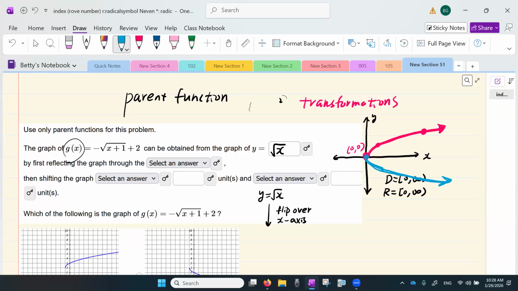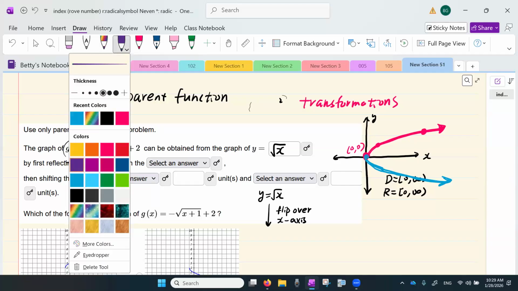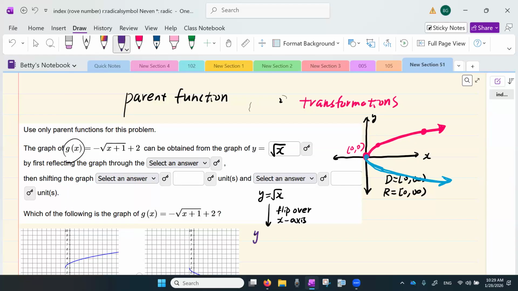But algebraically, when you flip the function over the x-axis, you change all the y values to their opposites. So you are going to multiply the whole function by -1. You're going to multiply the whole function by -1. So you have a negative root x.